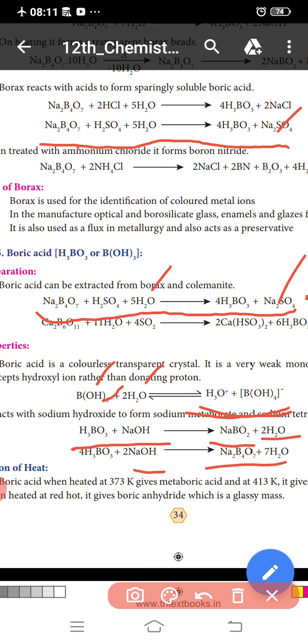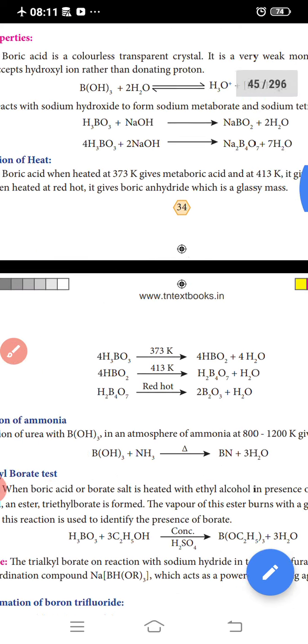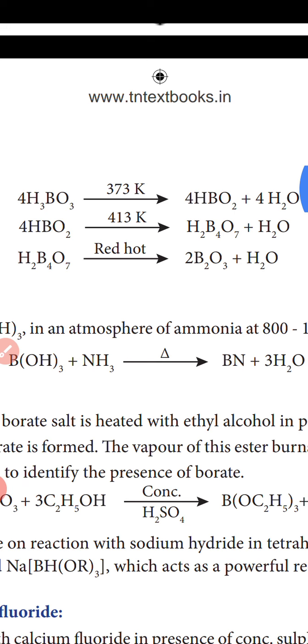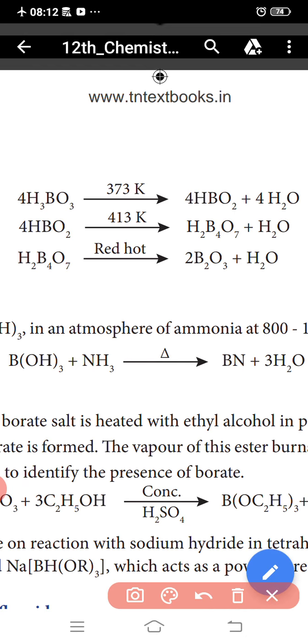The next reaction, the action of heat. The boric acid when heated at 373 Kelvin gives metaboric acid. And at 413 Kelvin, the metaboric acid gives tetraboric acid.